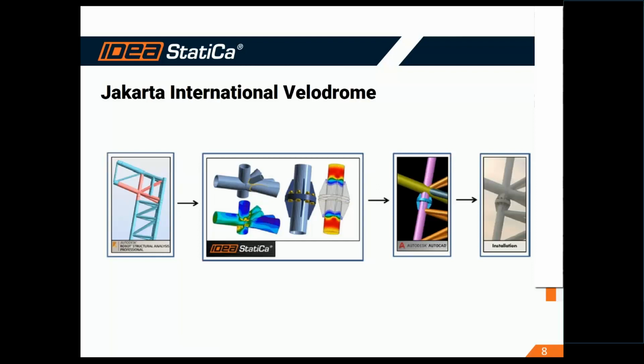And then the geometry of the nodes with the cross sections, the orientation of the cross sections of the members, and the loading were imported into IDEA StatiCa, where Mott MacDonald did the design, and then these details were used in AutoCAD in order to produce the final model, which helped for the installation of the structure.